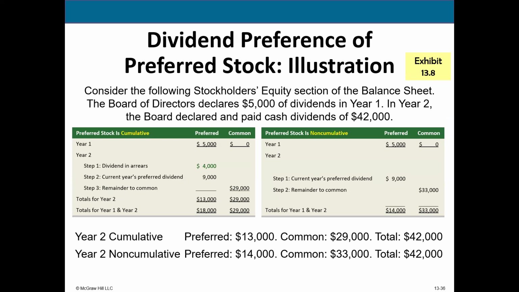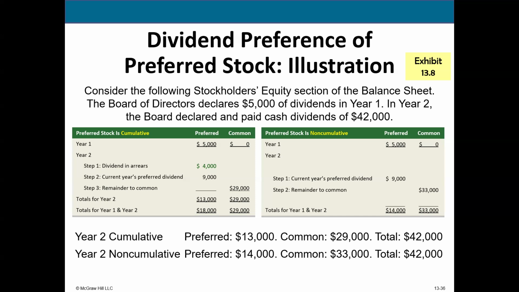So year one, there was 5,000. Year two, there was 13,000. So at the end of year two, we're going to pay out both years one and year two. Whereas common shareholders, they just get whatever's left.